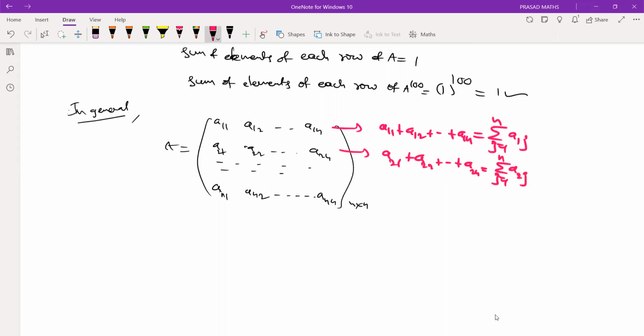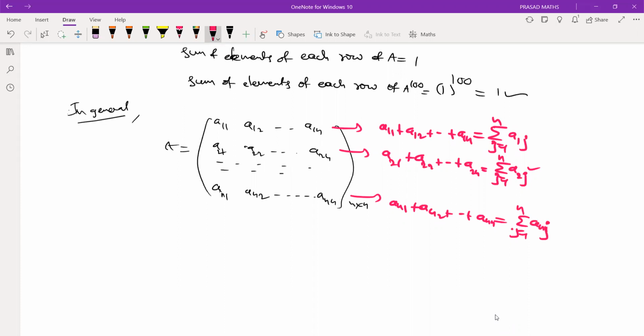What is this sum? This is the sum of elements of the second row of the matrix A. And what is this sum, An1, An2, An3, up to Ann? That means the sum of elements of the nth row of A, which is summation j equals 1 to n of Anj.